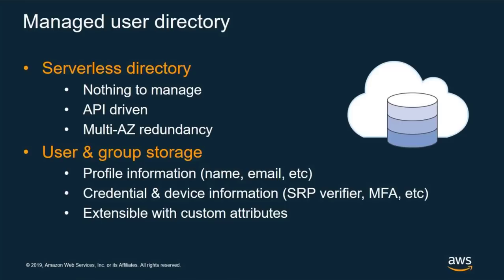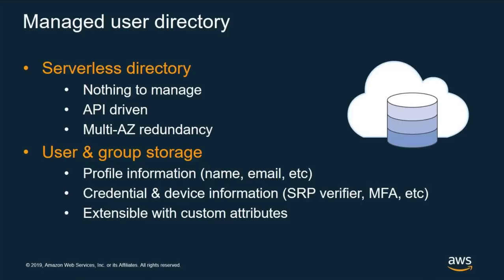Now, within that directory, we're going to store all the sorts of user and group information that you would probably expect. There's the profile information, things like the name, email address, and so forth. There's the credential and device information, such as MFA.